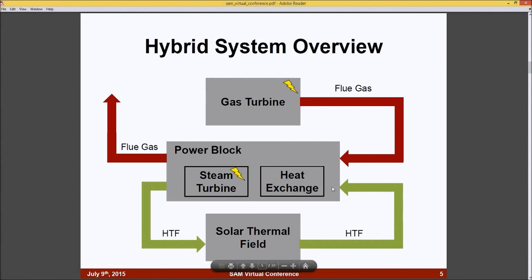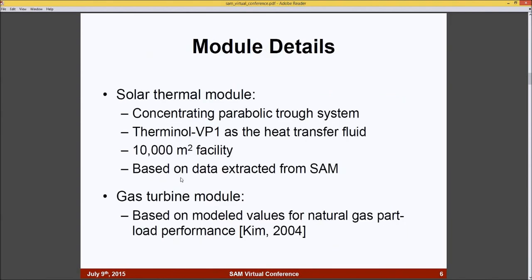And its heat transfer fluid is also going to enter the power block. Both the flue gas and the heat transfer fluid transfer their heat into a water stream inside the heat exchange and then create some electricity in the steam turbine, and the flue gas will exit the facility. So the power block here consists of both the heat exchange system and the steam turbine, but we're going to be putting a lot of emphasis on the heat exchange in the coming slides.